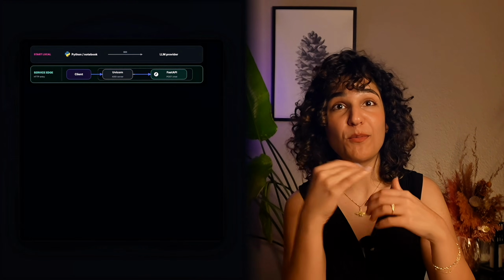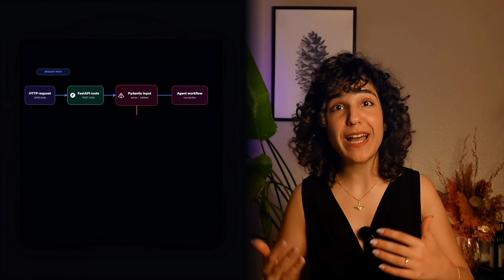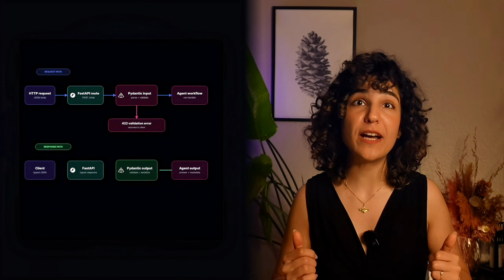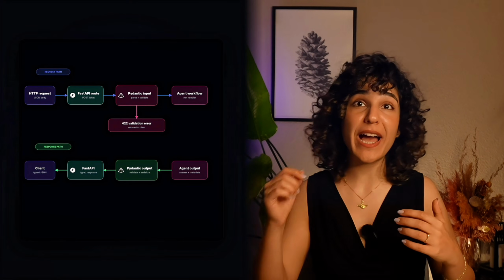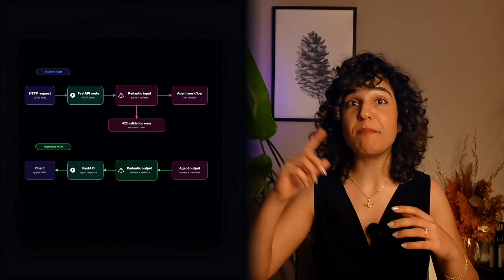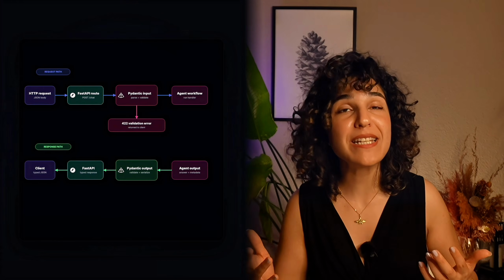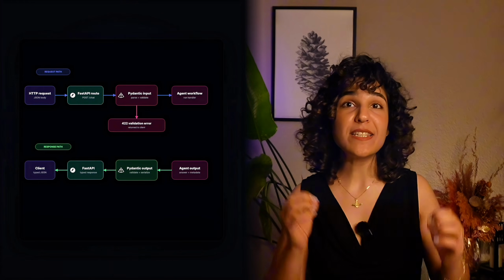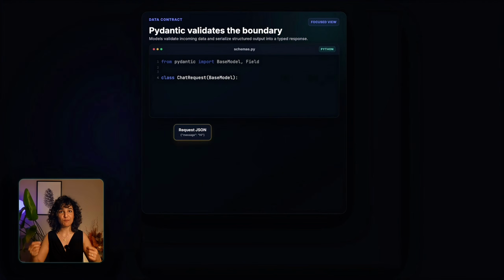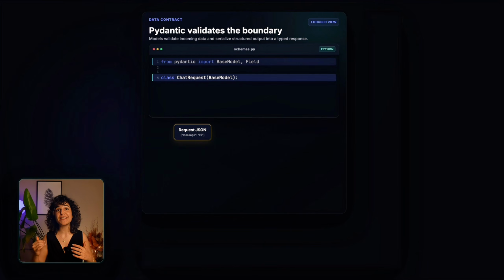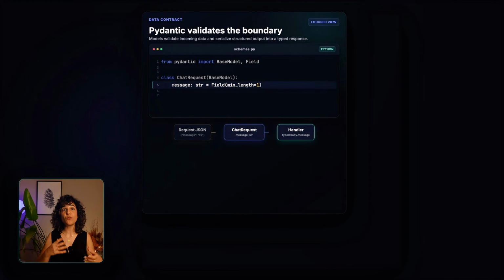Now we have another problem. People can send data into our application, but what happens if they send the wrong data? Maybe I expect a user ID and a message, but the message is missing, or arrives in completely the wrong format. This is where Pydantic comes in useful. Pydantic basically defines the contract for our data: what fields should exist, which one should be a string, what is required, and what is optional.